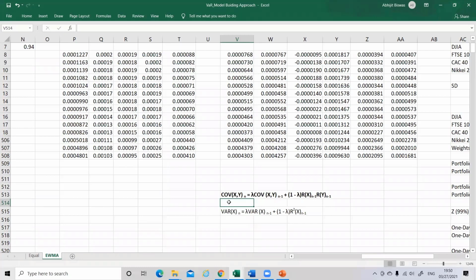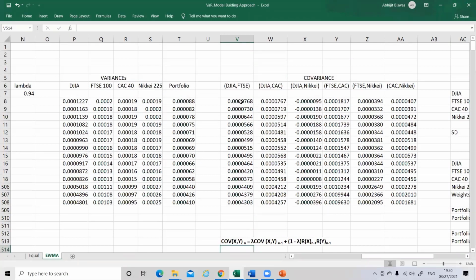So for first day's covariance calculation, I'll have to use the normal covariance.p function available in Excel. So that is what I have done. Covariance.p. So you can do it now. You have to select the arrays. So first array is H8 till H507, comma, second array is I8 till I507. Okay.